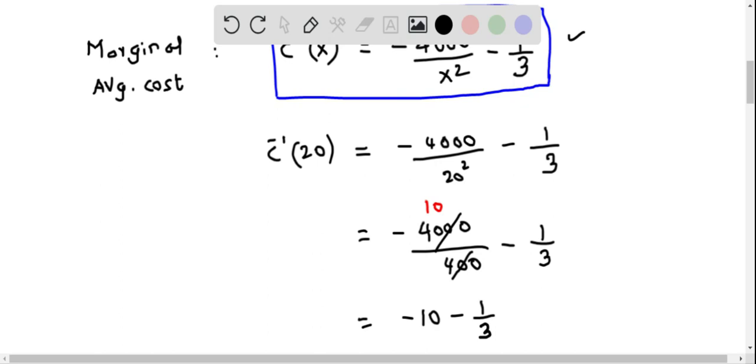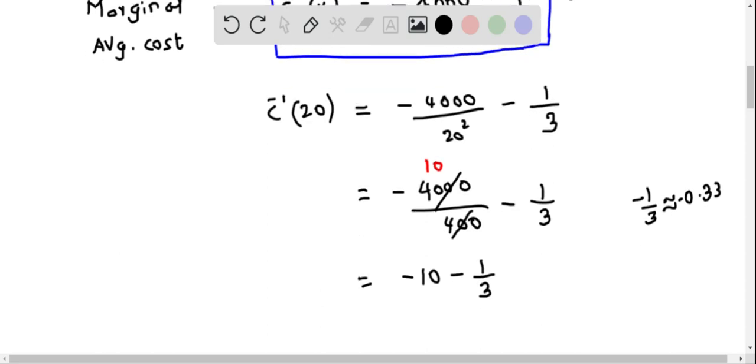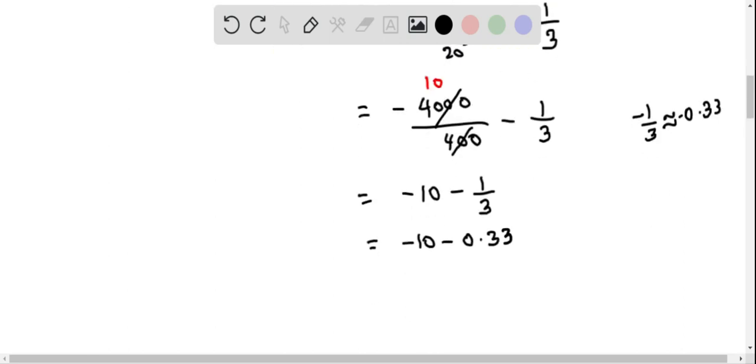We can approximate one third as 0.33. So we have negative 10 minus 0.33, which is approximately negative 10.33. And this represents the value of C bar prime at x equal to 20.